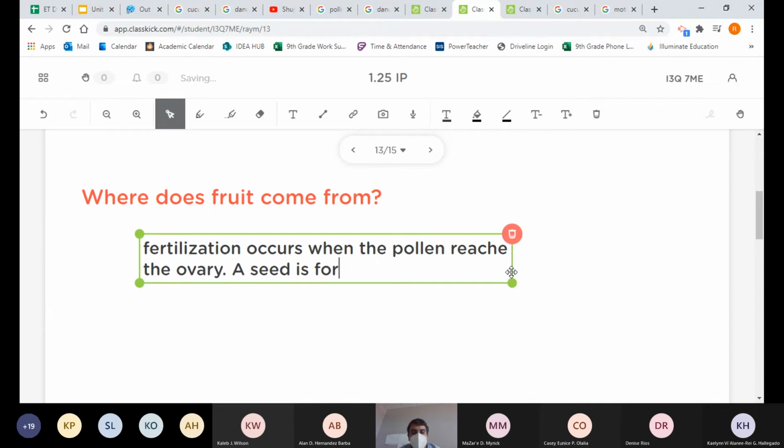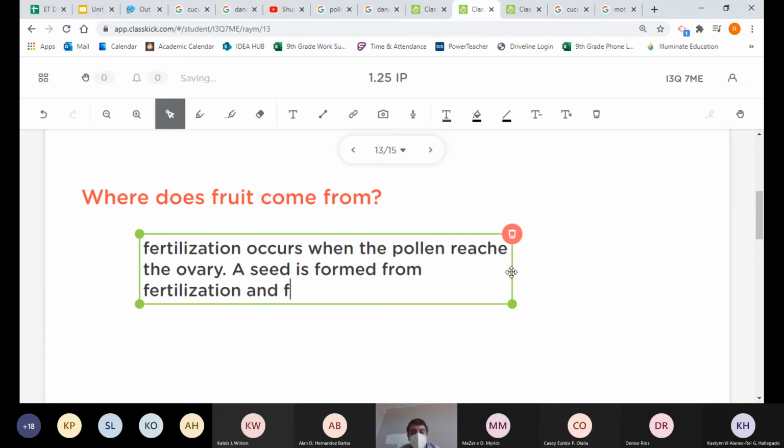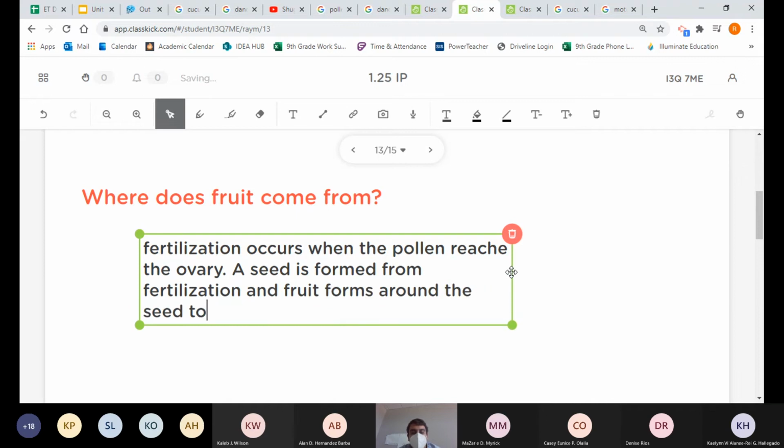The seed is formed from fertilization, and fruit forms around the seed to protect it. It is a ripened ovary. Easy peasy, cucumber squeezy.